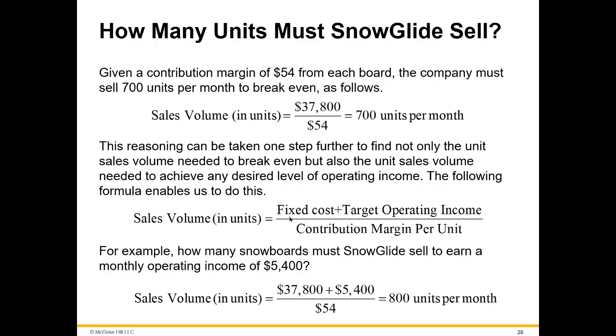All right, but let's say we want to make a target operating income, like we want to hit a certain threshold with this. And let's say, hey, we want a monthly operating income of $5,400. We're going to take our fixed costs here, $37,800, our desired target operating income of $5,400, and we're going to divide that by the contribution margin per unit, or 800 units.